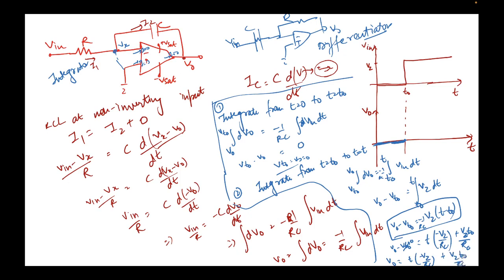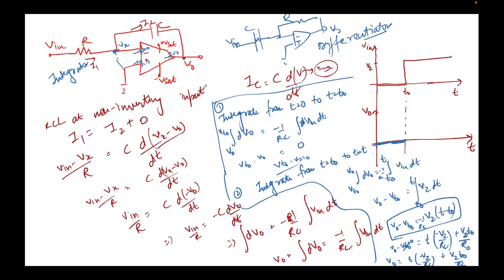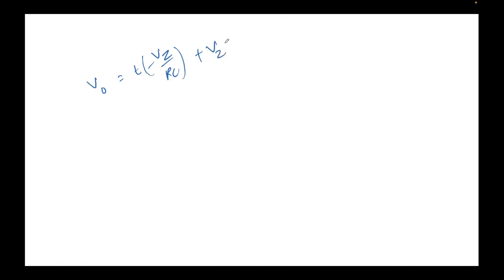I'll write in the next page, don't worry. The value of v0 we obtained was t times minus vz upon RC plus vz t0 upon RC, right? I'll draw the curve again.